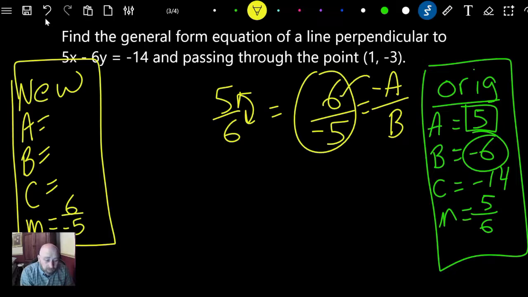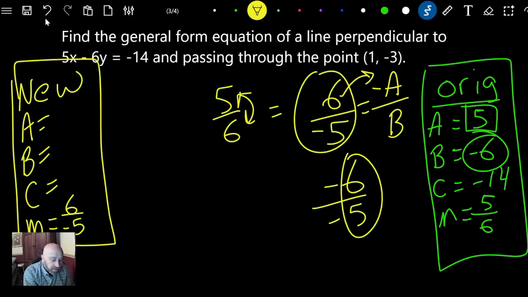But when we convert it, when we get our negative, that becomes -6 over -5 again. What happens is we come out with just 6 and 5 because that flips that sign. So A is going to be 6 and B is going to be 5.